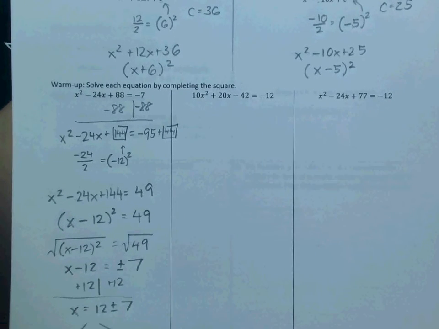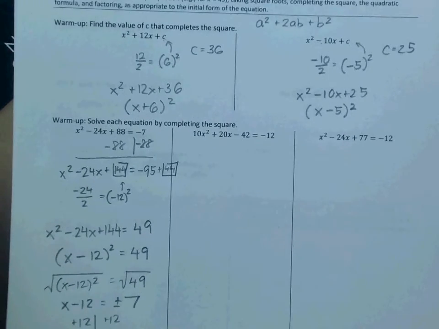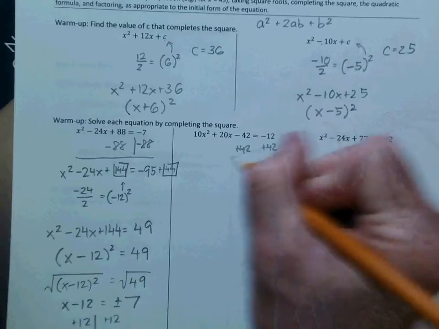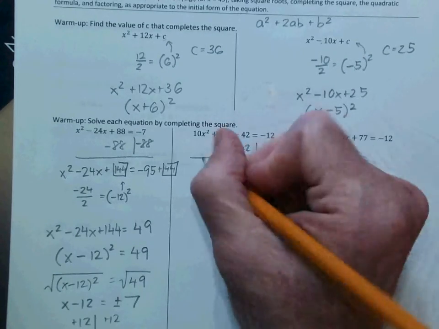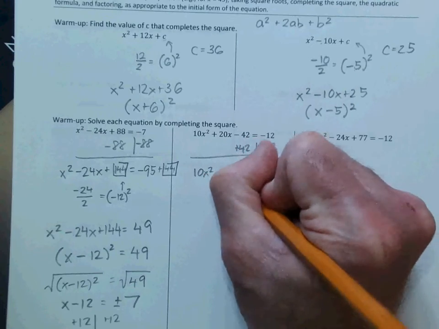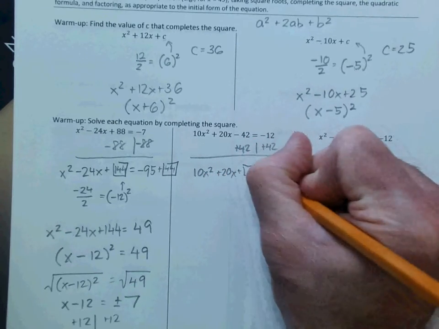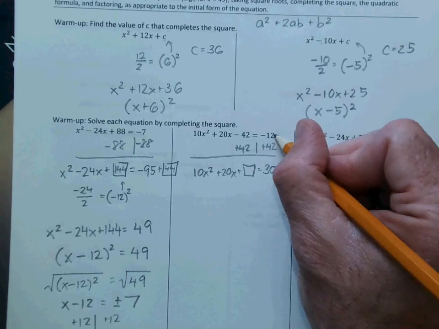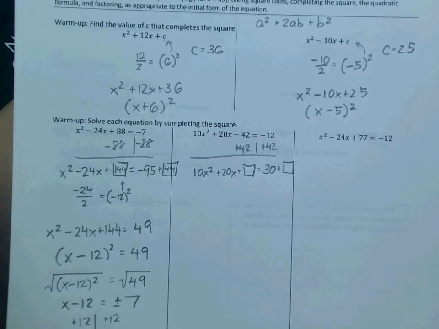Okay, for the next problem, I'm going to add 42 to both sides. And I will get 10x squared plus 20x plus box is equal to 30 plus box. Okay.